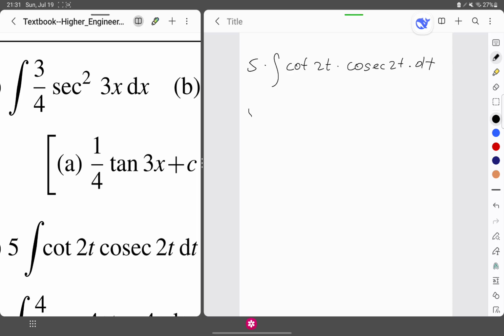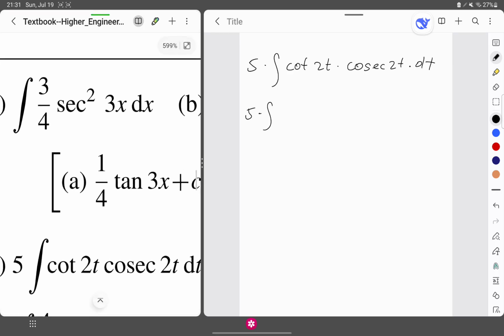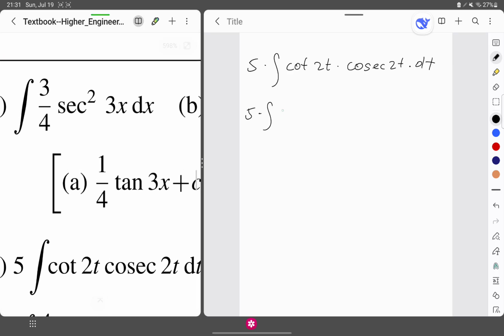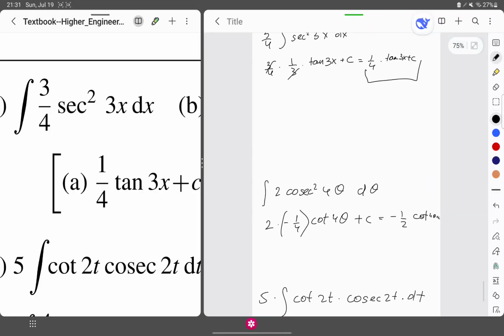Cot is cosine 2t over sine 2t, times cosecant. Secant is 1 over cosine, and cosecant is 1 over sine square 2t.